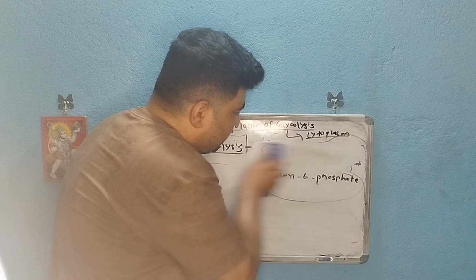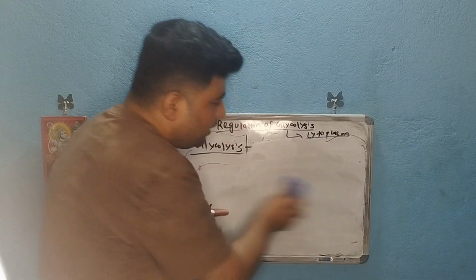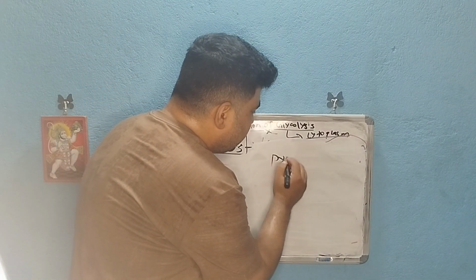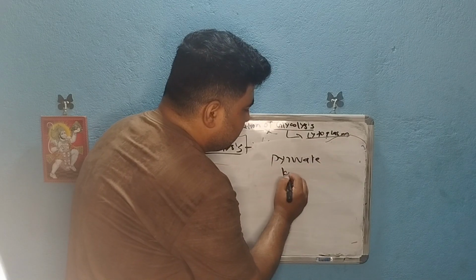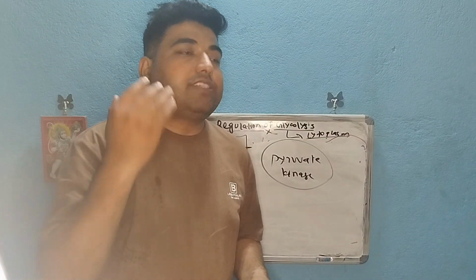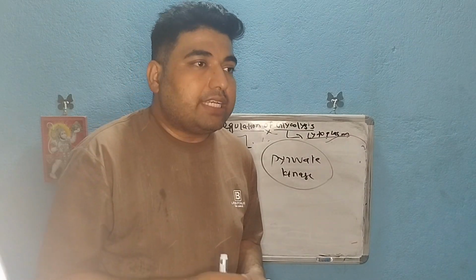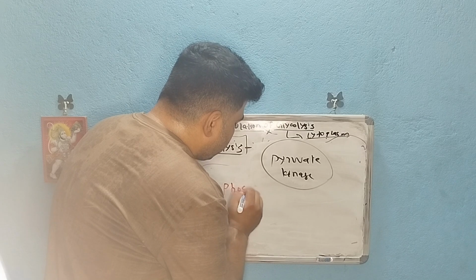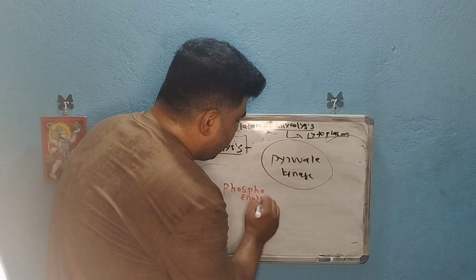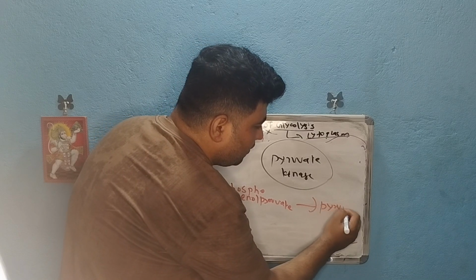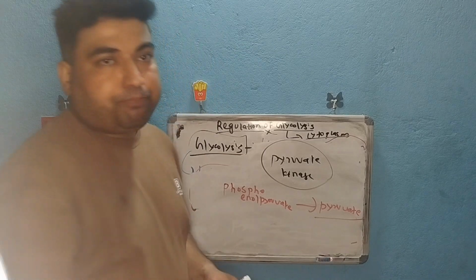Next is the pyruvate kinase enzyme. This pyruvate kinase enzyme is the last enzyme of the glycolytic pathway, which converts phosphoenolpyruvate into pyruvate.